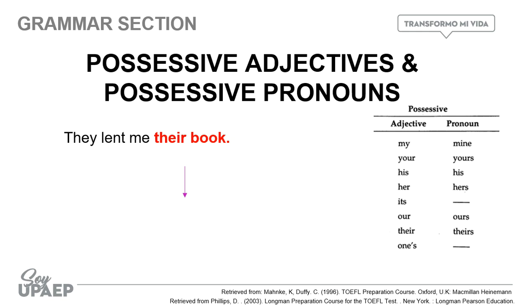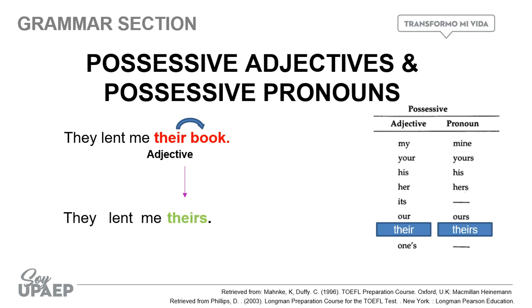They are telling you that the book is theirs. So their is a possessive adjective. So how can we replace their book with a possessive pronoun? By saying they lent me theirs.